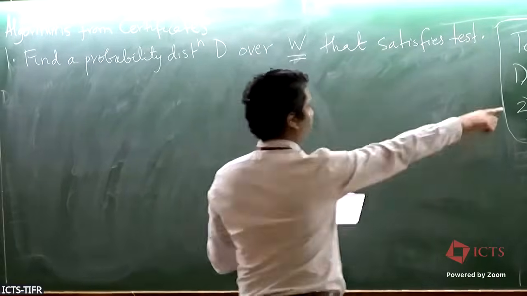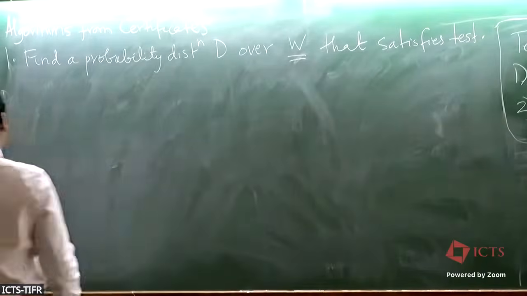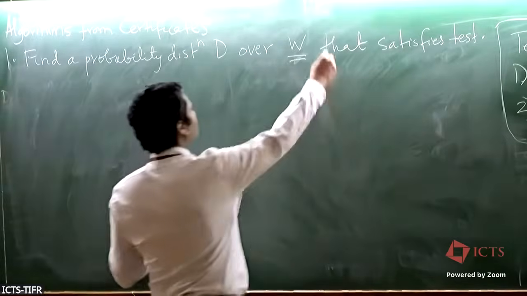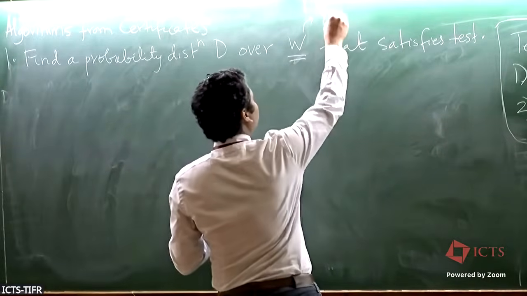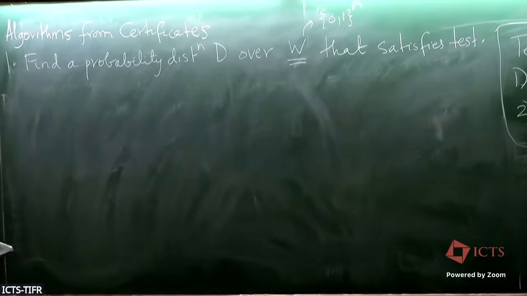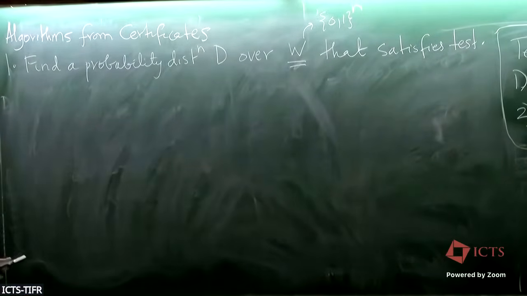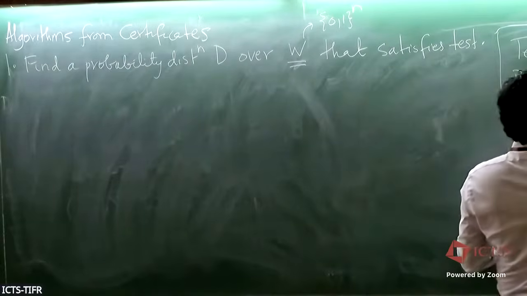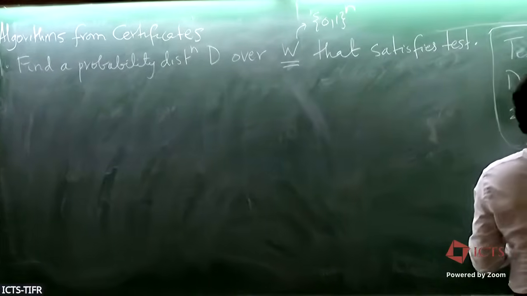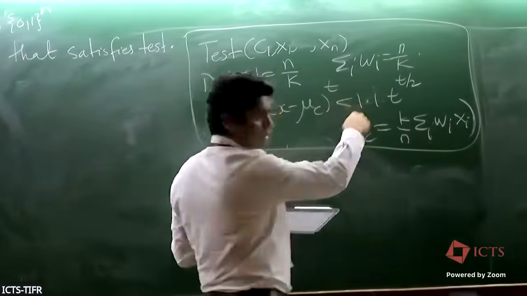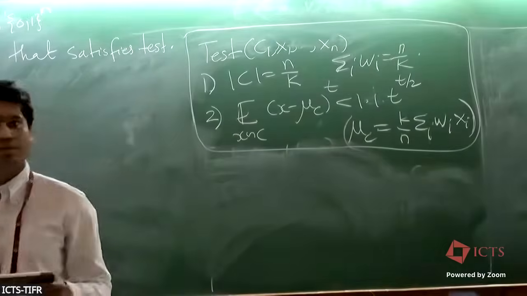The test is written over there. So this algorithm finds a distribution over W, where W is in {0,1}^n, so it's a distribution on the n-dimensional hypercube. And the support of the distribution should be over all W that satisfy the two constraints here. The first one, remember, is the sum of Wi equals n over k. And the second one is whatever is the encoding of this inequality as a polynomial inequality in W.